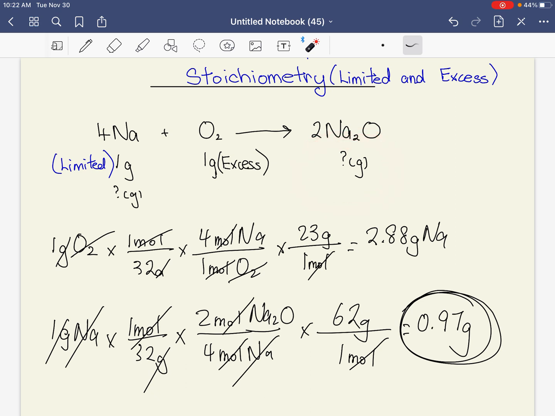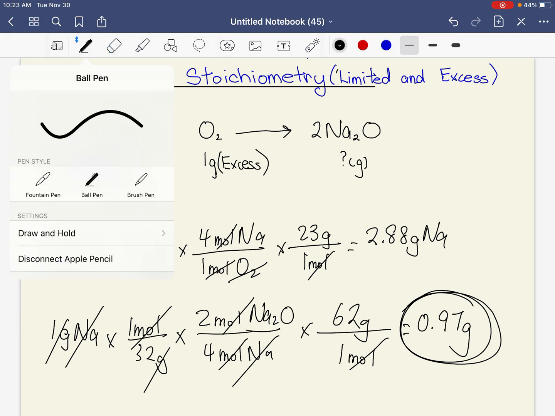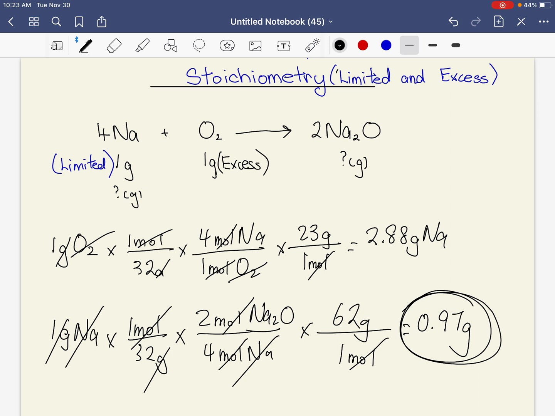Oh, wait, hold on. That makes no sense. Did you see that makes no sense? You know what I did wrong? Oh my goodness. I can't believe that. Oh yeah, I actually can. This is not 32. 32 is not the molar mass of sodium.